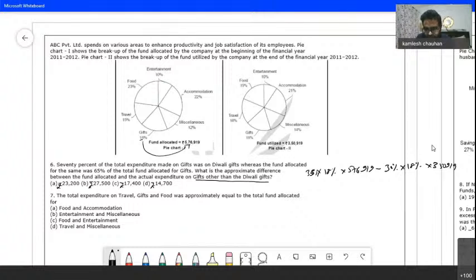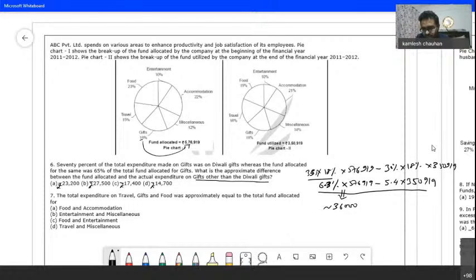So 18 into 35 percentage will be 6.3 percentage of 576,919. This is 5.4 percentage of 3591. So I'll calculate. This will be close to 6 percentage of 6 lakh, which is roundabout 36,000.